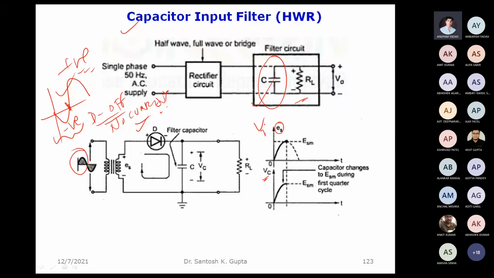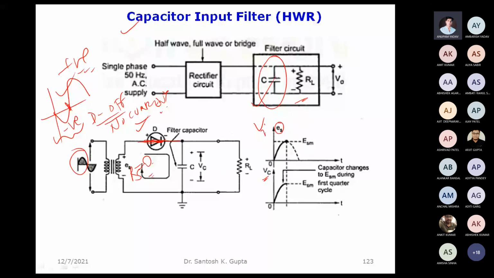The diode is on. If we assume that the diode is an ideal one, this will act like a short circuit here. The RS, the secondary of the transformer, is assumed also to give very small resistance, RS is also 0. So what happens?